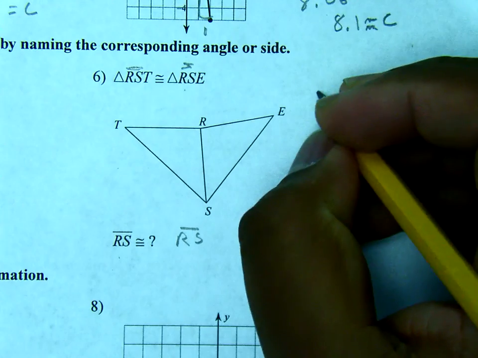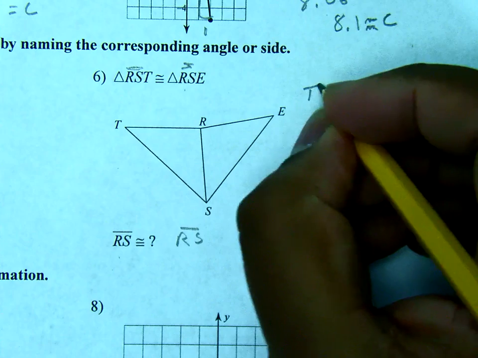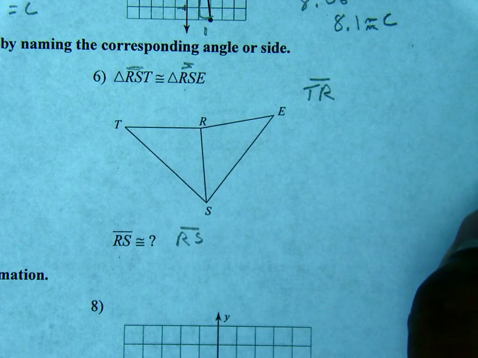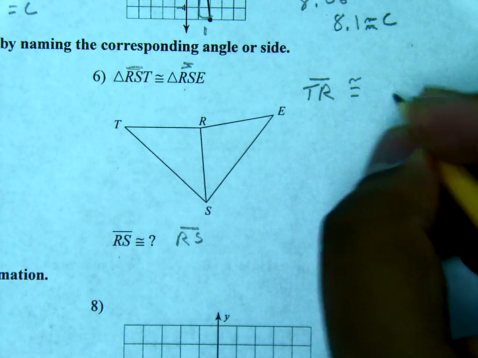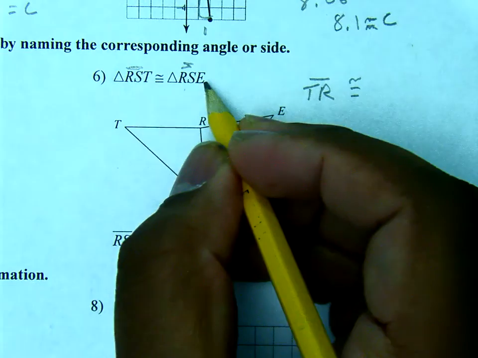Let's say we're trying to find a congruent statement to TS or TR. Or the congruent part that goes with TR here. Well, I would do the same thing.